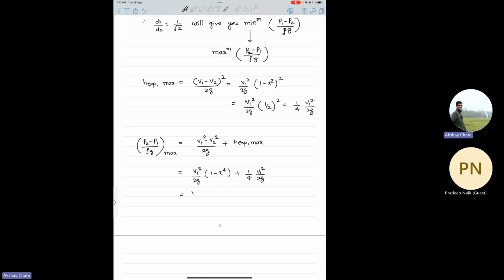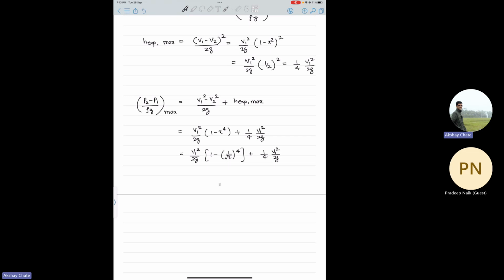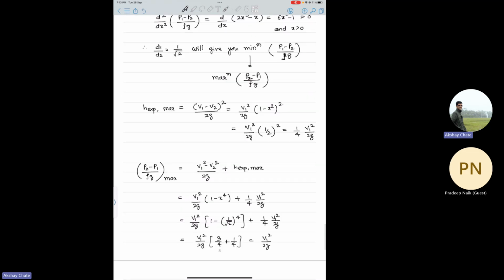So it is V1 square by 2G into 1 minus 1 by root 2 power 4, plus 1 by 4 V1 square by 2G. 1 by 2 square is 1 by 4. So this is 3 by 4. Correct only, right? So this will be V1 square by 2G into 3 by 4 plus 1 by 4, which is equal to V1 square by 2G. But here they are saying it is half. Have I done any mistake?